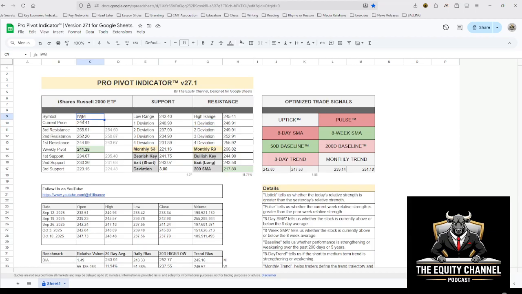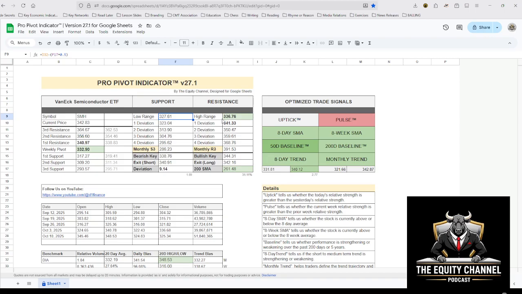Watch this. Let's go to SMH. This is the semiconductor ETF, and what you'll notice is all of a sudden my high range is lit green. If I was on the low range and below the low range, it would be lit red. Now notice, now that I'm lit green, I have a lot more green going on this side as well, right?